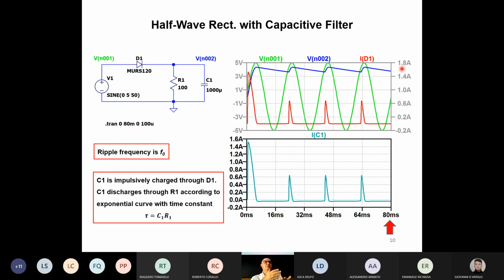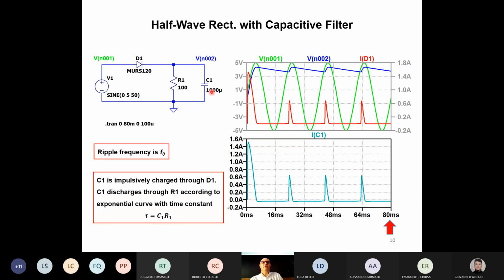The current is proportional in a resistance to the voltage. So the shape of the current is, again, like this blue. While the currents in the diode and the capacitor are quite interesting. I could say that basically the shape of the current through the diode and through the capacitor is the same.